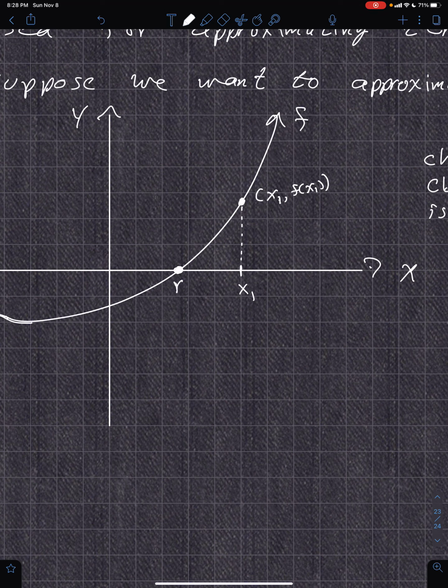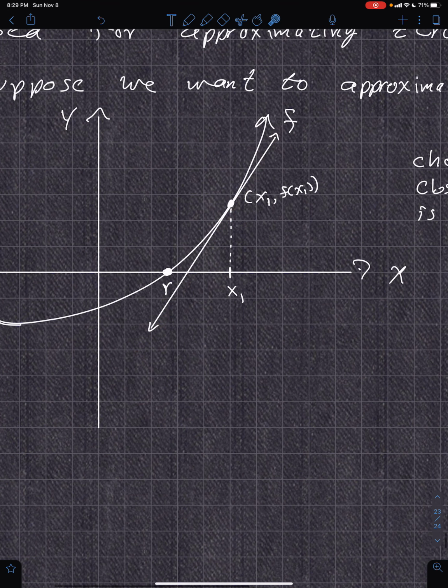And so from that, we will be able to find the tangent line. So we're going to look at the tangent line to that. Let's call it here, like that. And we'll be able to figure out the equation of that tangent line. But notice how that tangent line comes down and then intersects the x-axis closer to r.